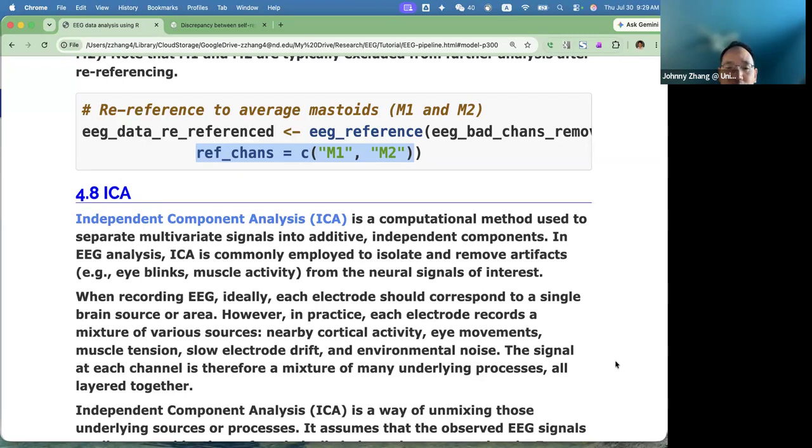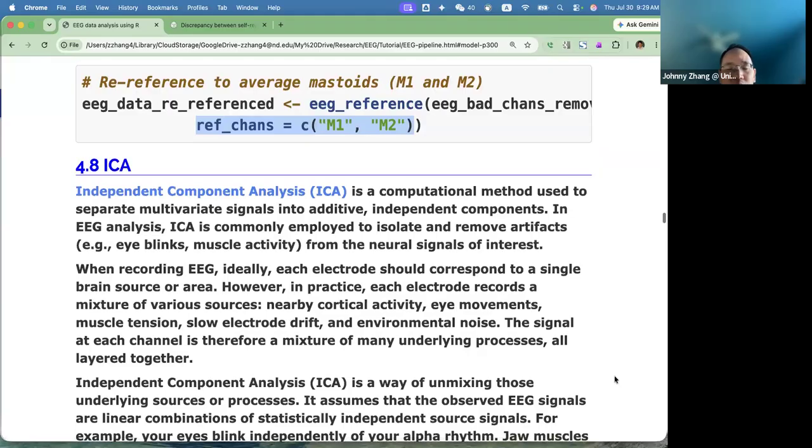When we collect EEG data, in a perfect world, we hope each electrode can separate the information to the region it measures. Which means an electrode only measures the signals at one particular region, not anything else. But in practice, it's not possible, right? So each electrode basically will measure a variety of sources of information.